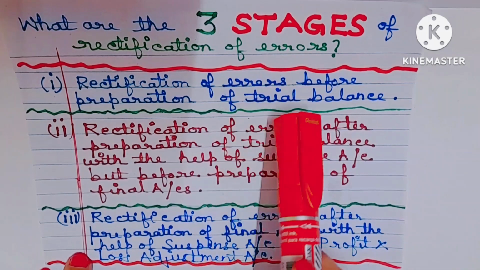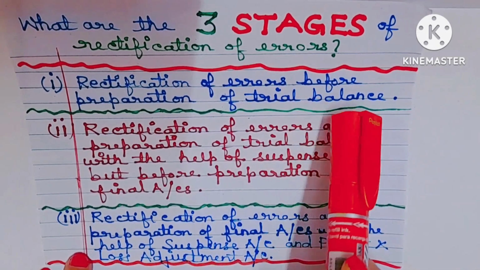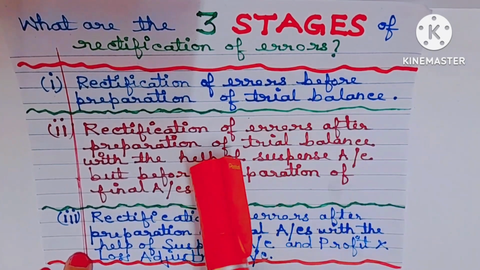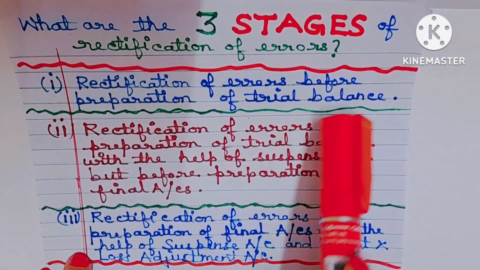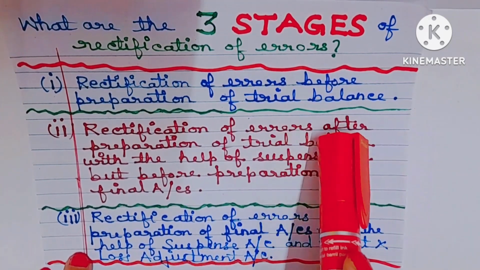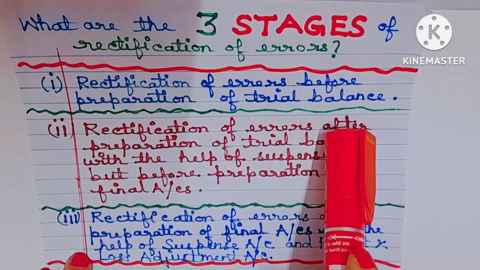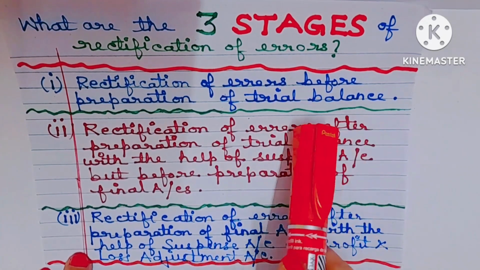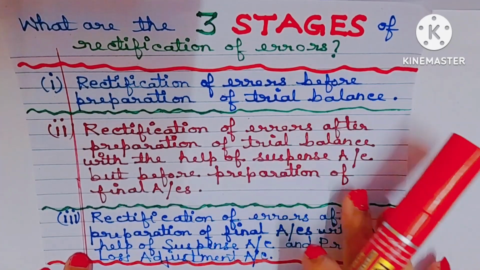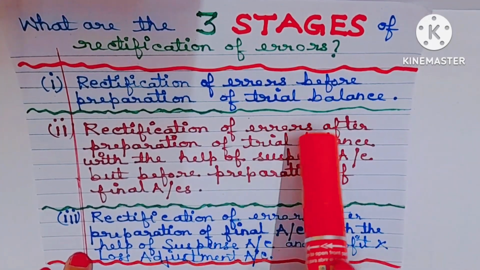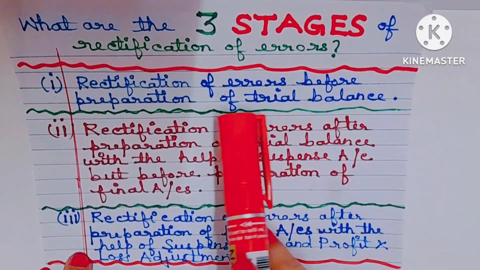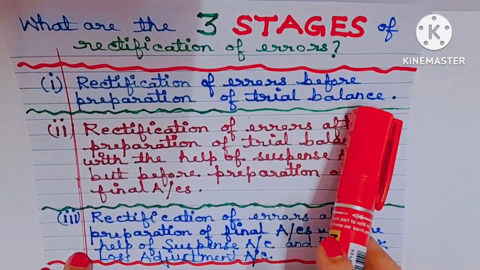In case of rectification of errors before preparation of trial balance, you cannot rectify one-sided error by passing a journal entry, because we cannot take the help of suspense account. As we all know, suspense account is prepared after preparation of trial balance. So we cannot take the help of suspense account.